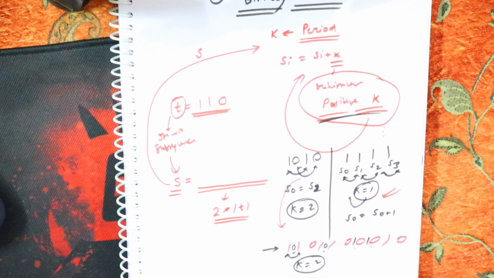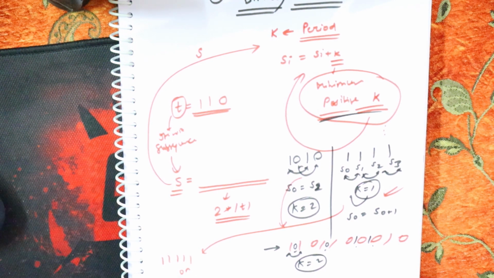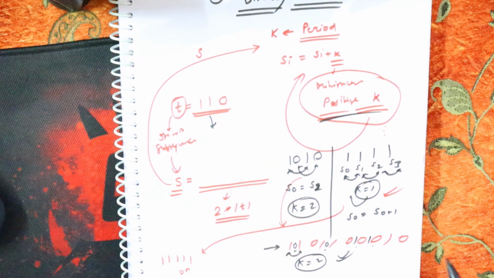Yes, it is true that k equal to 1, but k is 1 only when all the elements are all 1s or all 0s, because then you don't have to place any further element in it. But if the string is of 1s and has some 0 also, then you have to make it like this.